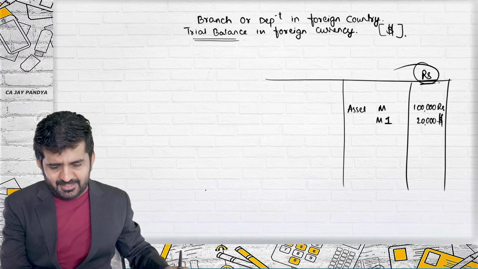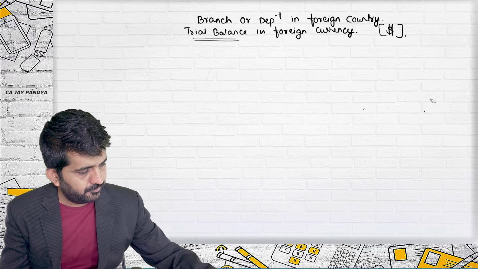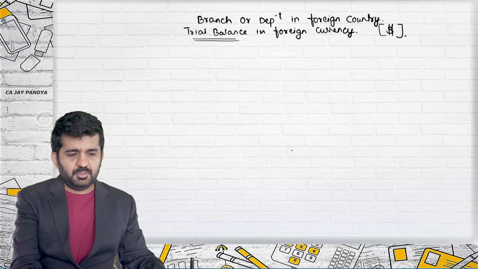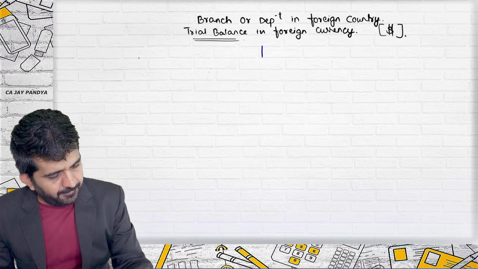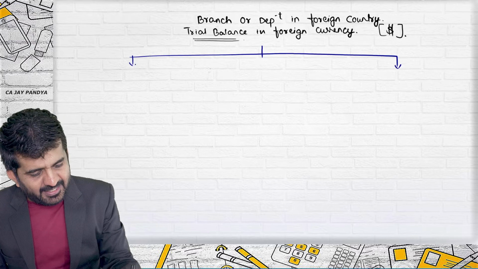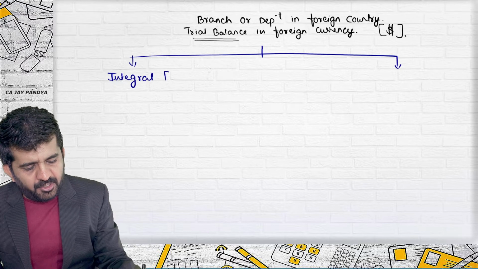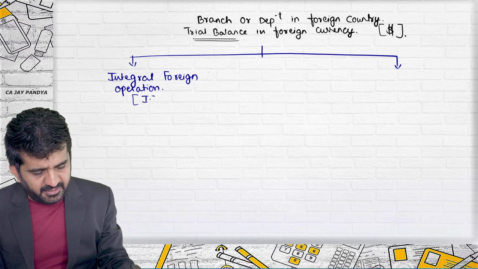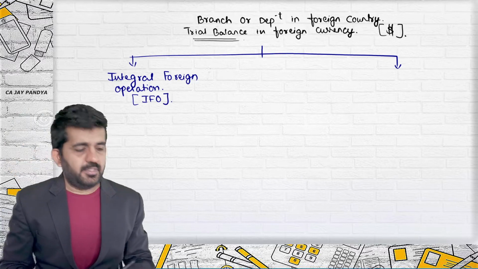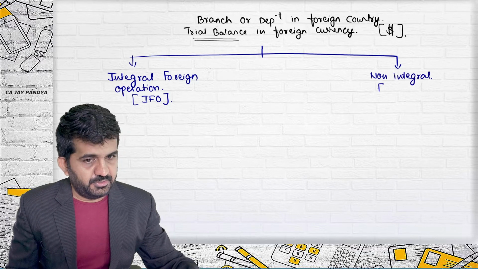So for that, this particular operation, either branch or department, should be categorized as integral foreign operations, from now on we will be terming it as IF, and non-integral foreign operations.